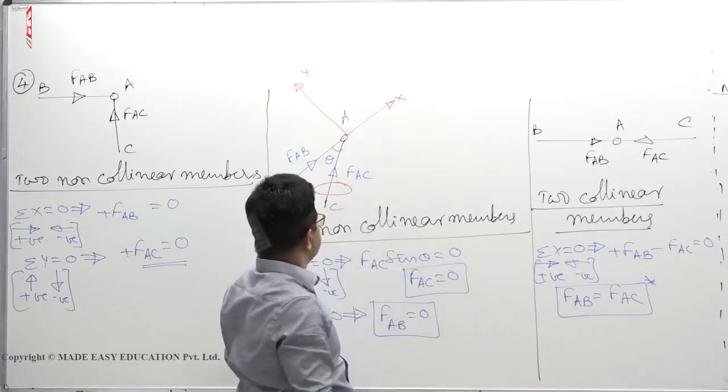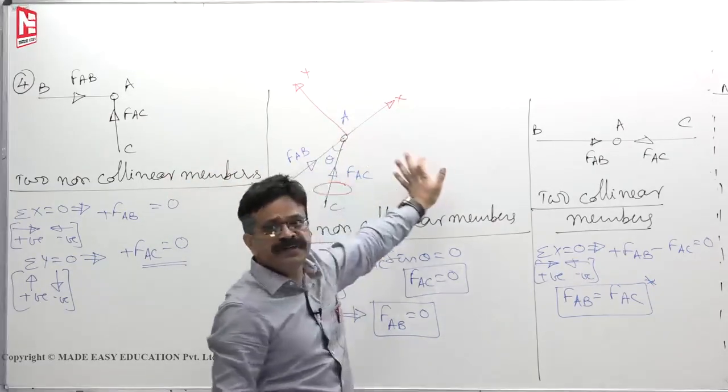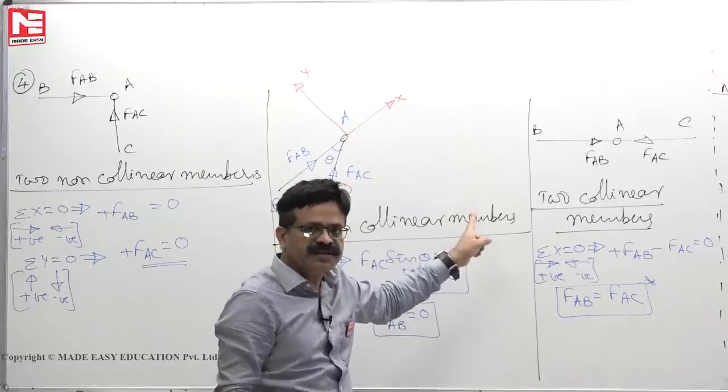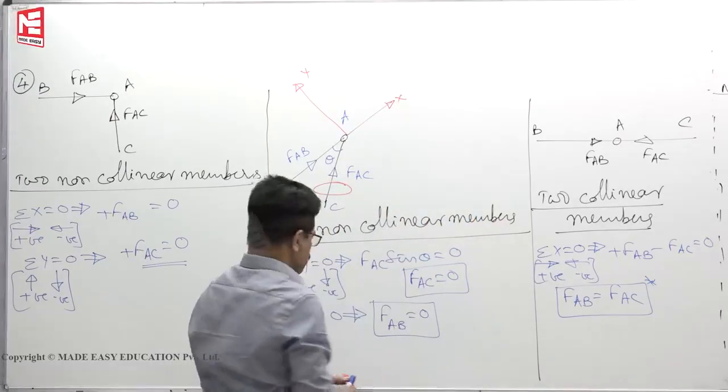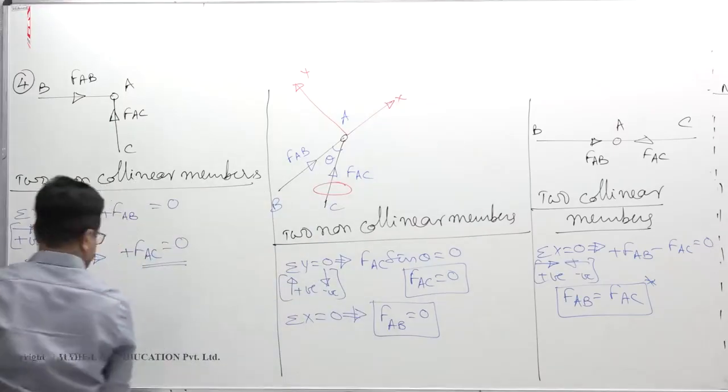So your conclusion is, at a joint, if two non-collinear members are meeting with no external load, forces in both members have to be 0. That we write as the conclusion.